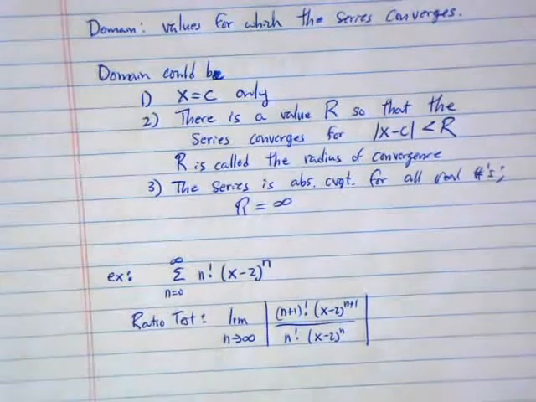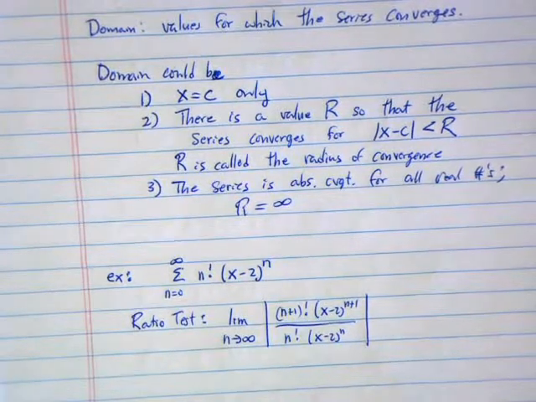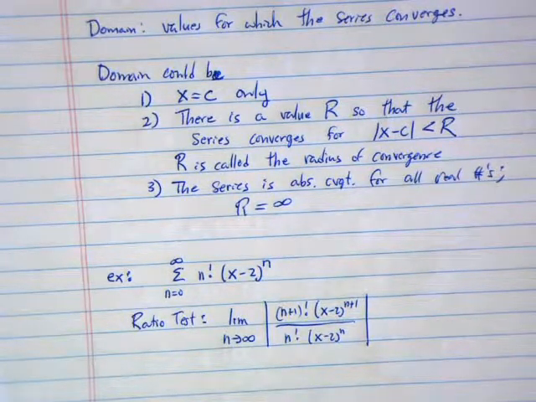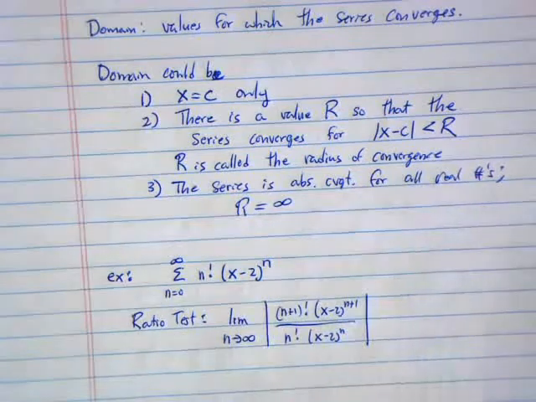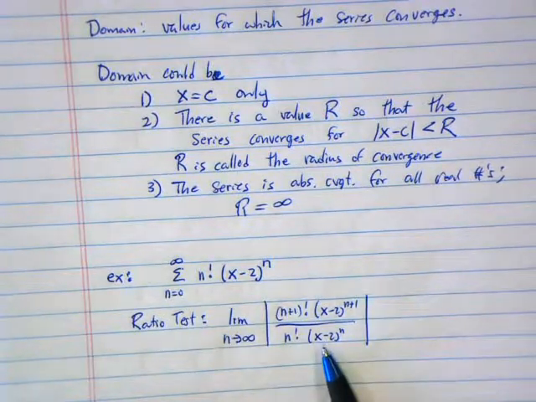And we had absolute values around that. And what do we need that limit to be in order for this series to converge? When did the ratio test tell you a series converged and when did it diverge? Less than 1. This series will converge when this limit is less than 1.